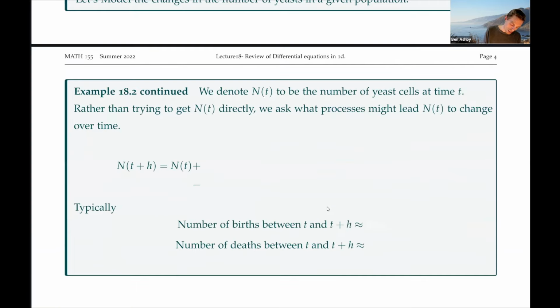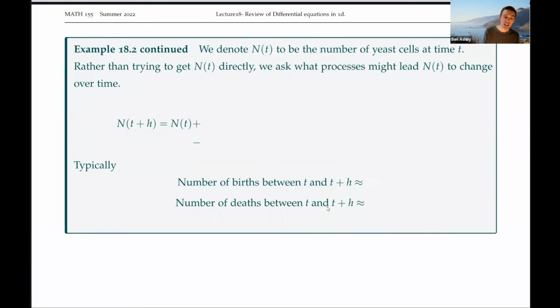What we can do is say that the population at time t is given by capital N(t). Rather than work out N(t) directly, we want to think about how N(t) changes over time through different biological processes.